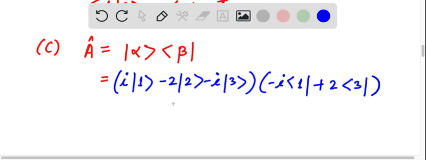So this is the matrix, and we have to find all 9 matrix elements of this operator.